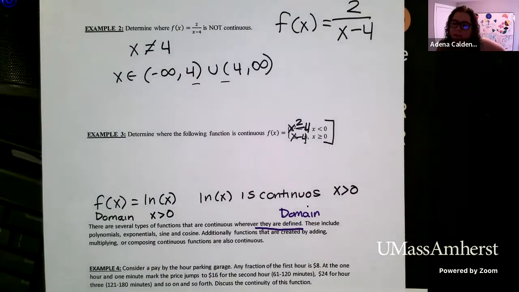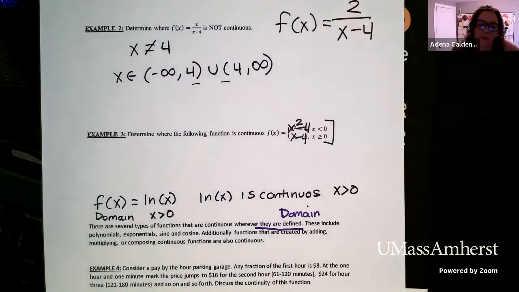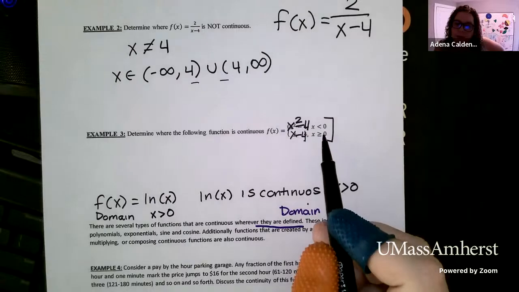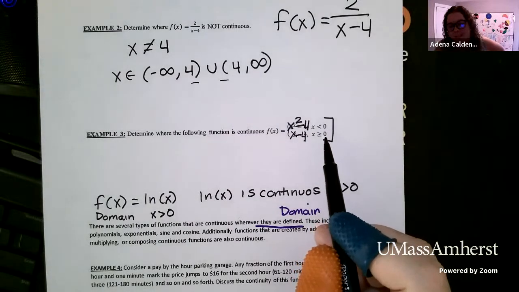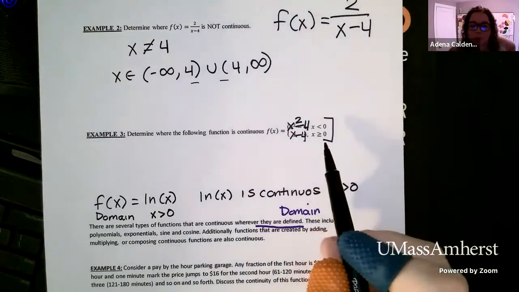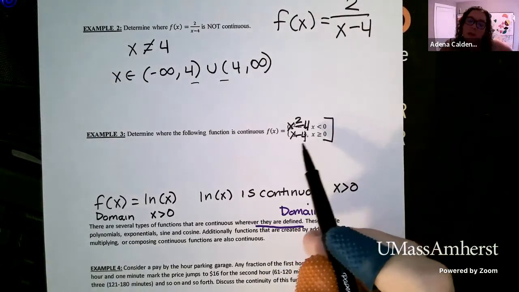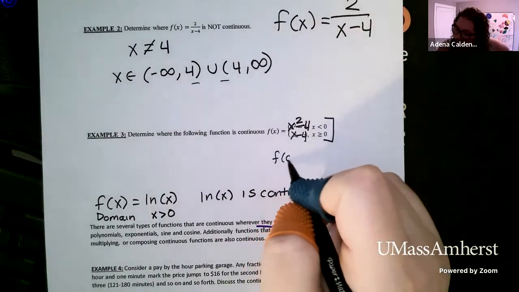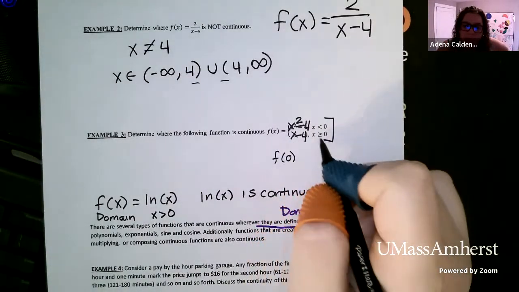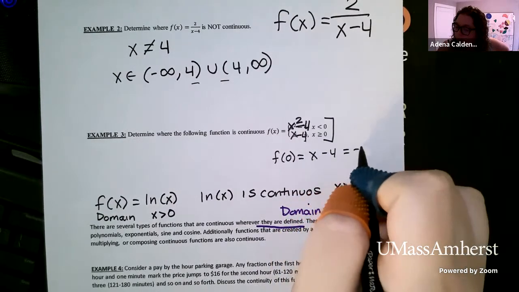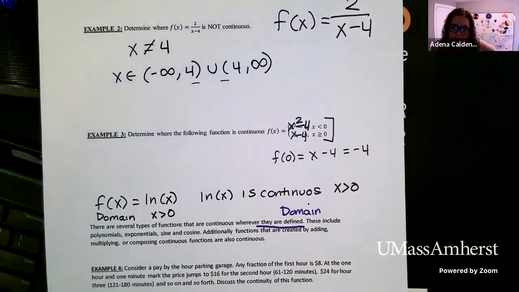So what we need to consider is what is the value of each of these functions when x equals 0, okay? Because we're essentially taking the limit to see if it's the same, to see if a jump was created or if these overlap smoothly. So if we plug a 0 into the bottom function, which is where it equals 0, we have x minus 4, which is negative 4.